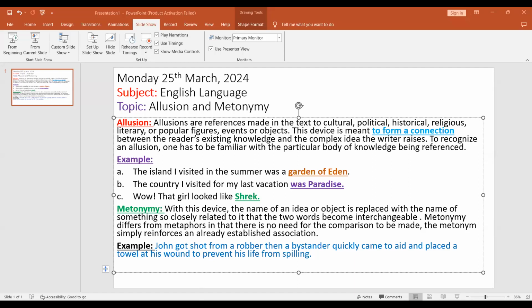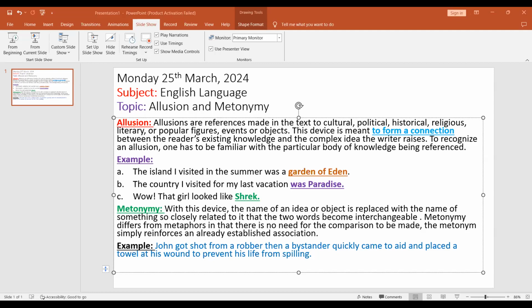The metonymy simply reinforces an already established association. Example, John got shot from a robber then a bystander quickly came to aid and placed a towel at his wound to prevent his life from slipping. I think the word would be spilling.